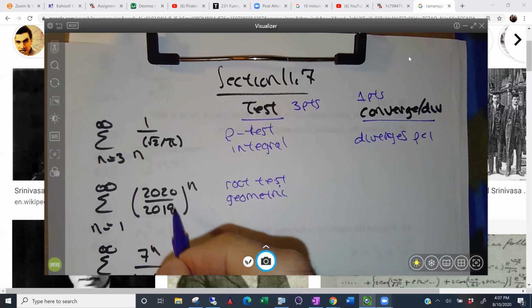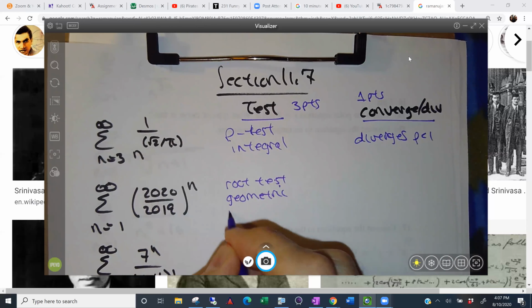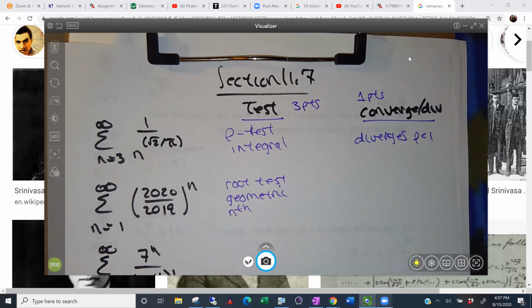I guess what catches my eye is this ratio. This ratio is greater than 1, right? So the nth term test could be used. Because you take a look at the limit as n approaches infinity of the whole term. Is it going to go to 0? No, it's not.